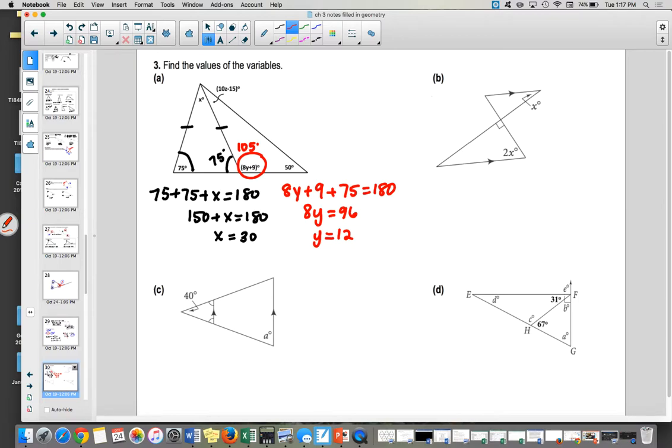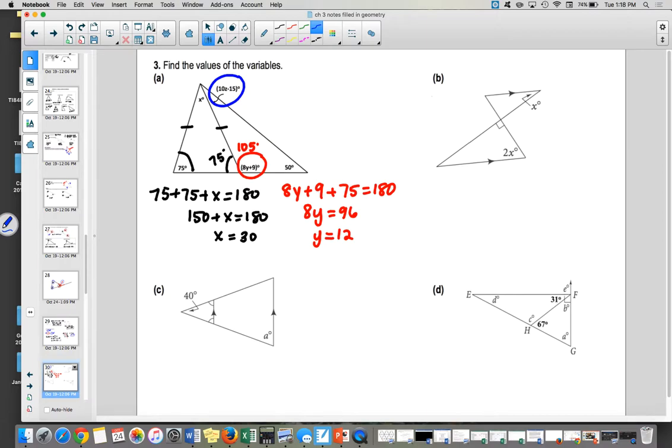So how do we get the z? Colin, what do you got? If you did 12 plus 50 plus 10z minus 15 equals 180. I think you're saying plug in 12 for the 8y.